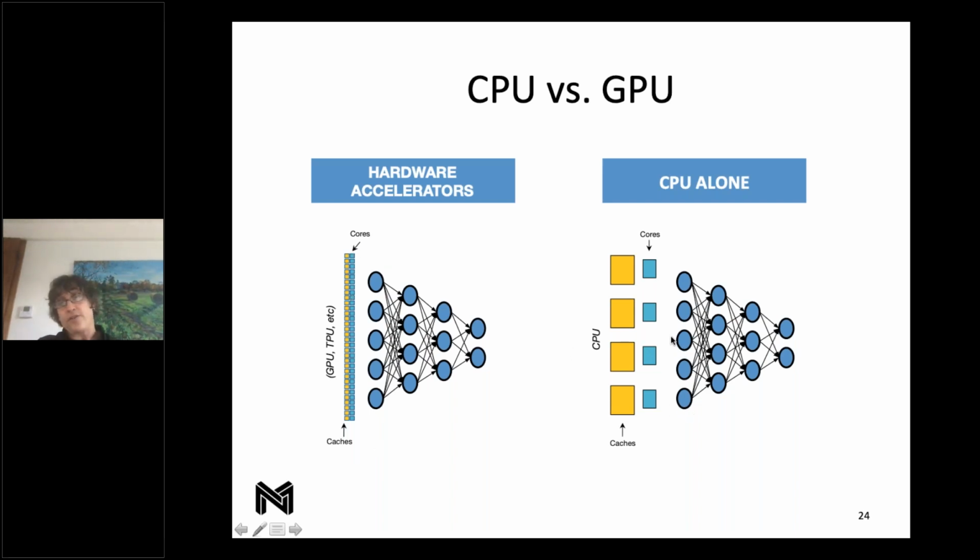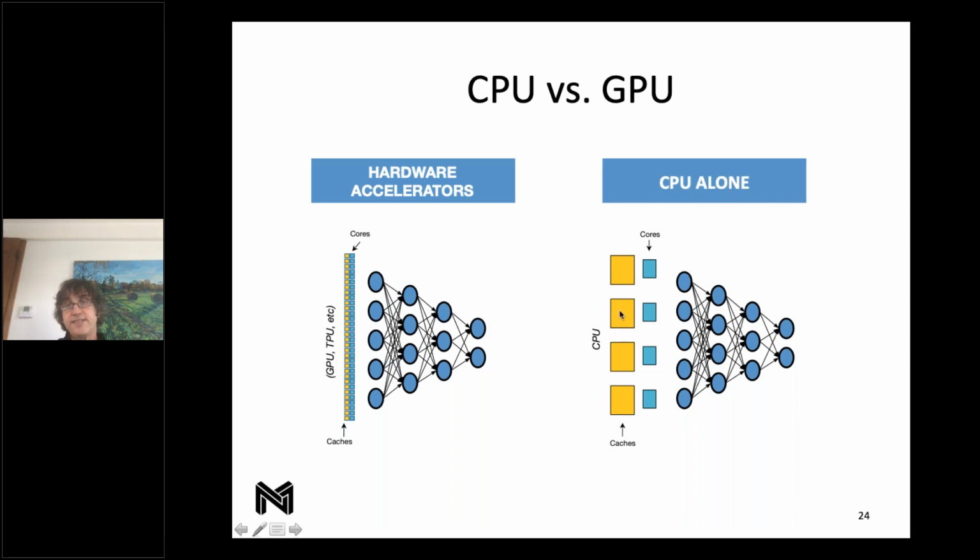A CPU, on the other hand, has few cores. They're very powerful cores, but fewer. And these cores have huge caches compared to the GPU, 10x more cache. But the bandwidth to memory is not as good as on the GPU. So one device has tiny caches and lots of bandwidth to memory.